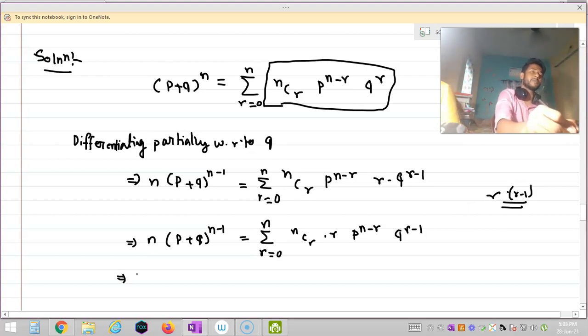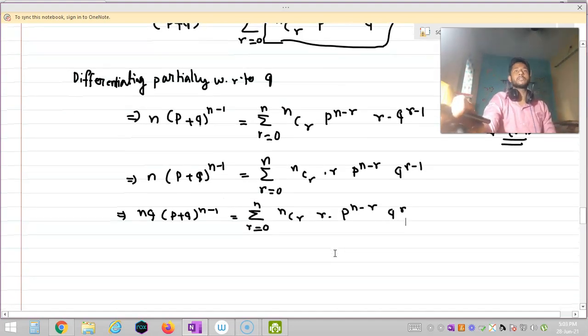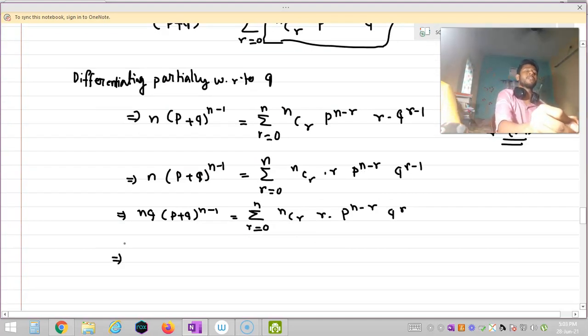Multiplying both sides by q, I get nq(p + q)^(n-1) equal to the summation r = 0 to n of nCr r p^(n-r) q^r. Now if I differentiate again with respect to q, I will get a term of r², so I am doing the same thing here.